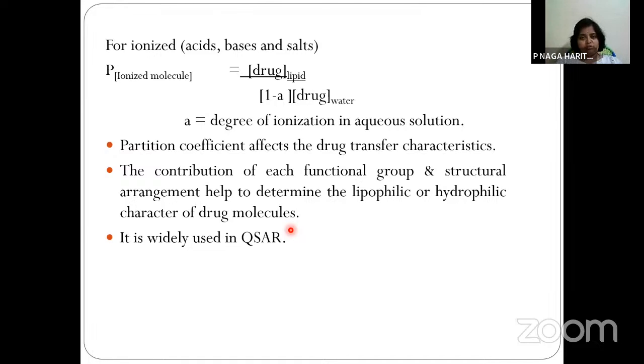If it has a higher partition coefficient, it is called a lipophilic drug. If it has a lesser partition coefficient, then it is called a hydrophilic drug. And this type of classification is mainly used in QSAR, that is, quantitative structure activity relationship.